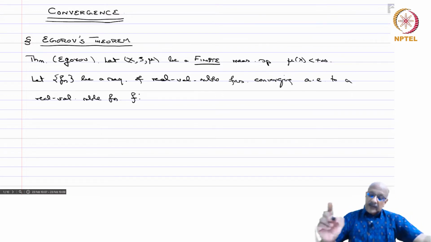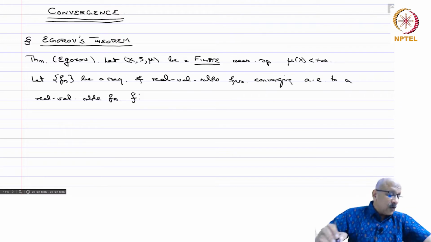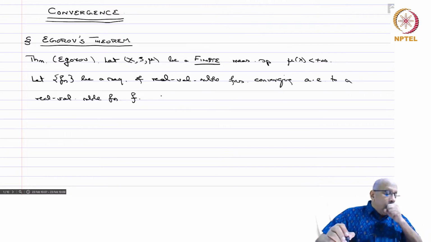f. So we saw in the exercises that if mu is not complete, then it's not necessary that f be measurable. So we are now specifying that the limit is also a measurable function.